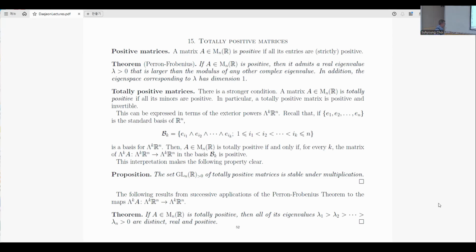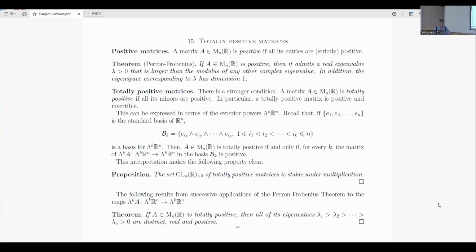Then a nice application of this. By successive application of Perron-Frobenius to the maps induced on the exterior power, you find that if A is totally positive, then all of its eigenvalues are real, distinct, and positive. So you can order them like this.